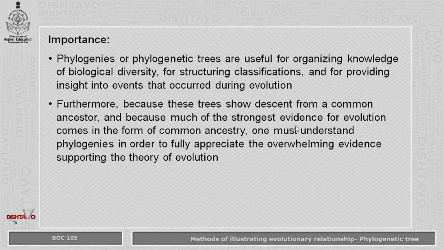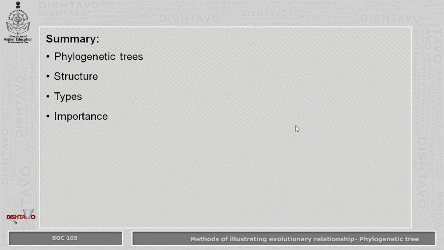Furthermore, because these trees show descent from common ancestor, and because much of the strongest evidence for evolution comes in the form of common ancestry, one must understand phylogenies in order to fully understand the overwhelming evidence supporting the theory of evolution. To sum up, we have learned phylogenetic trees, structure of phylogenetic trees, types of phylogenetic trees, and importance of phylogenetic trees.